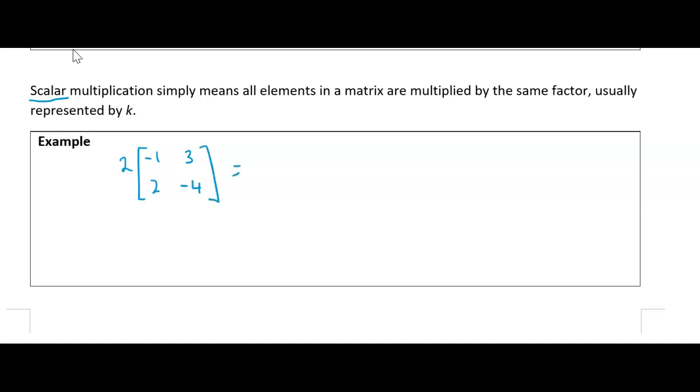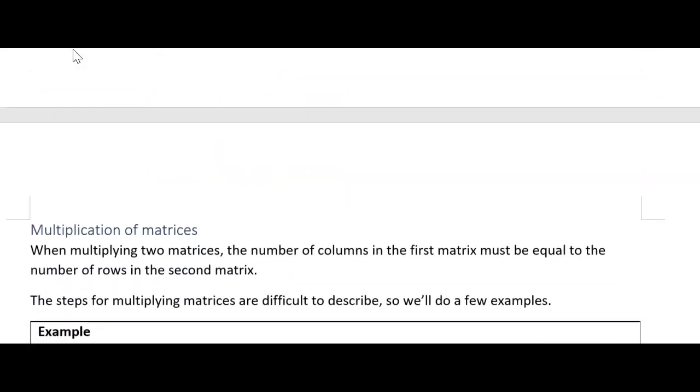Scalar multiplication means whatever number is out the front, everything inside gets multiplied by that. So 2 times -1 is -2, 2 times 3 is 6, 2 times 2 is 4, and 2 times 4 is 8. There's your scalar multiplication. Adding, subtracting, and scalar multiplication are not too tricky with matrices.